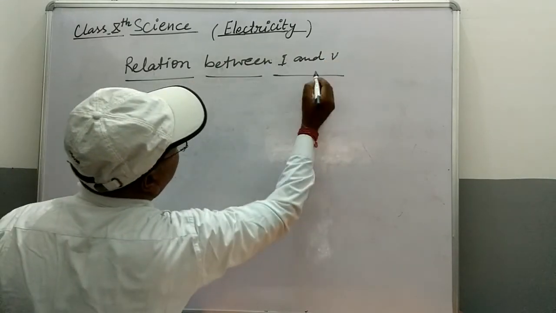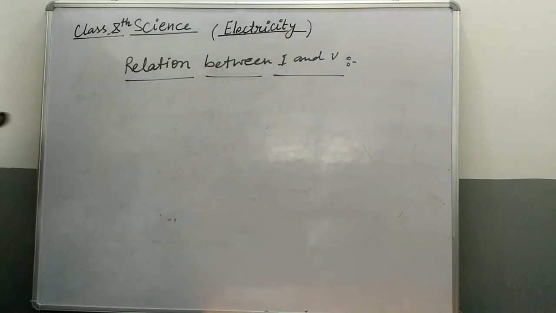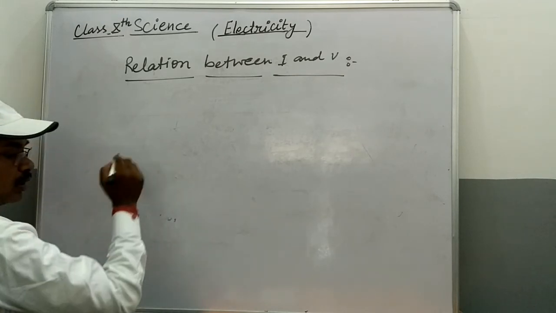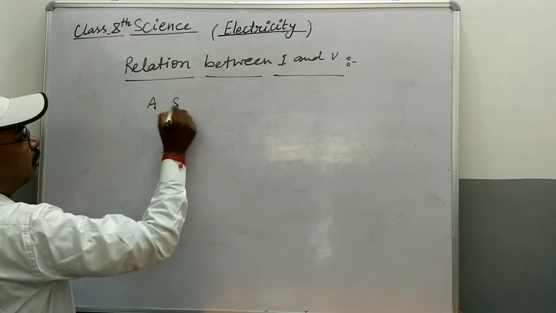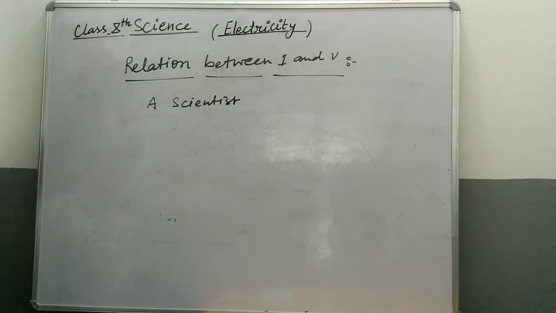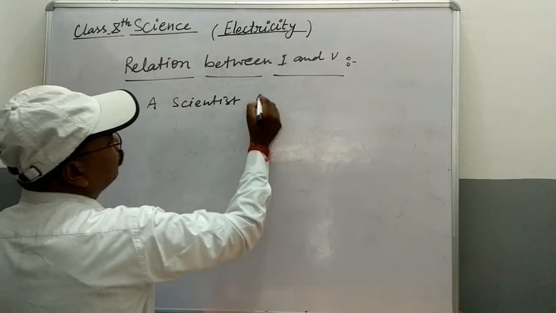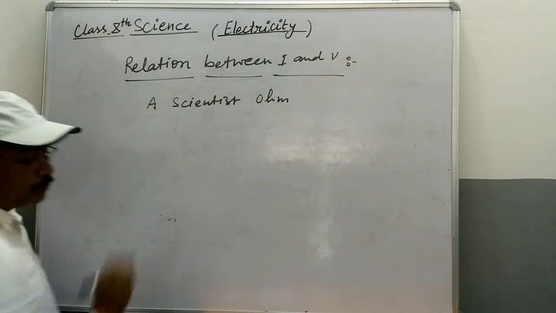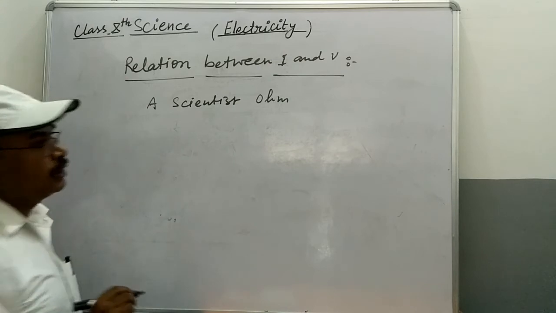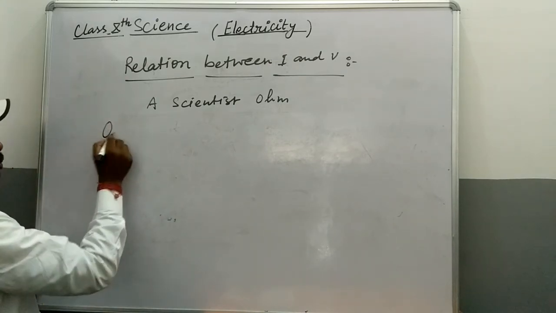Students, in this sequence, a scientist Ohm established the relationship between V and I. This is also known as Ohm's law.